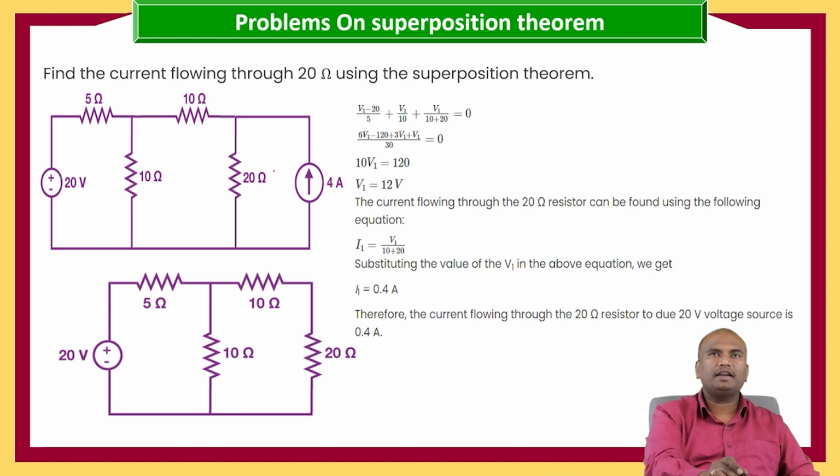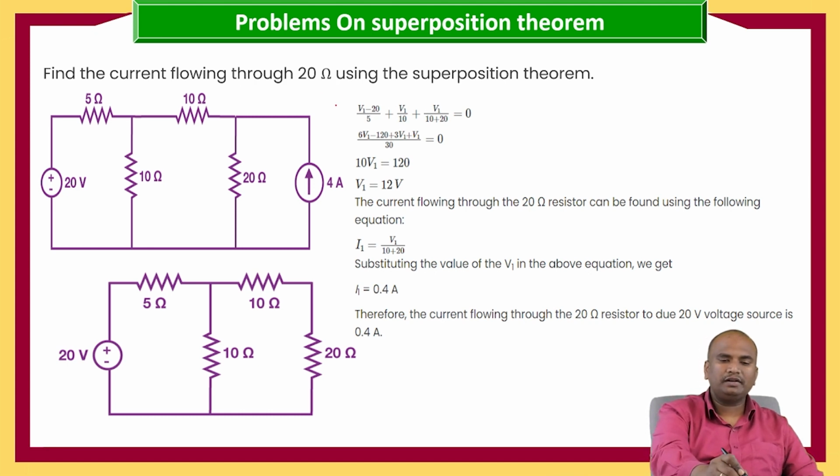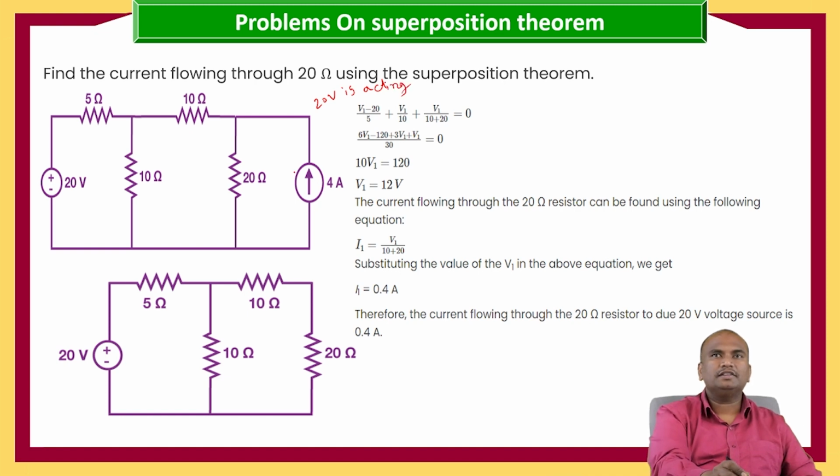For calculating current flowing through 20 ohms, first we need to consider the 20 volt source acting and then the 4 ampere source acting. When the 20 volt source is acting, this 4 amperes will be open circuited. When 4 amperes is open circuited, the circuit will become like this.